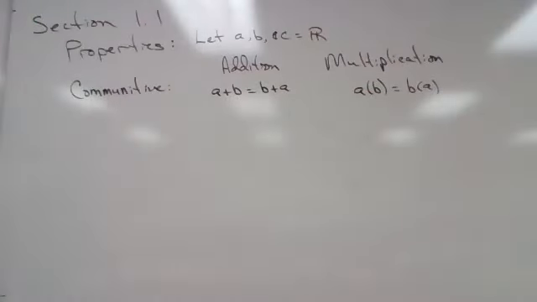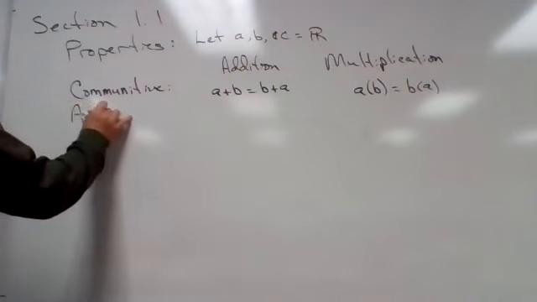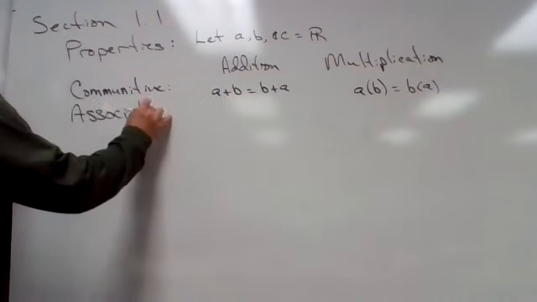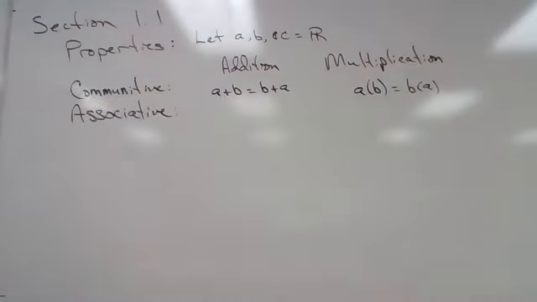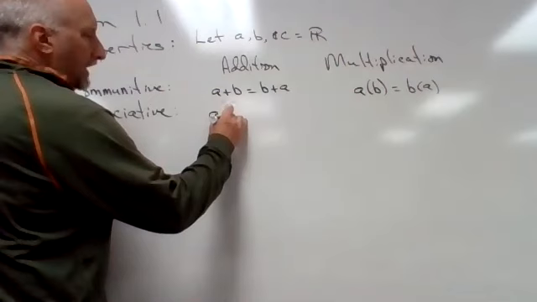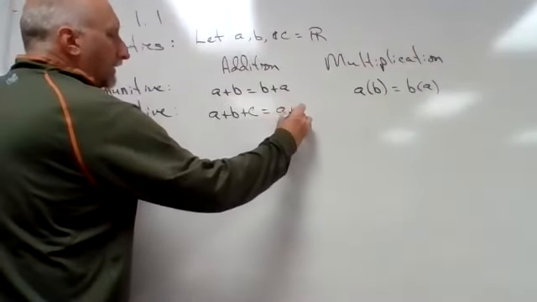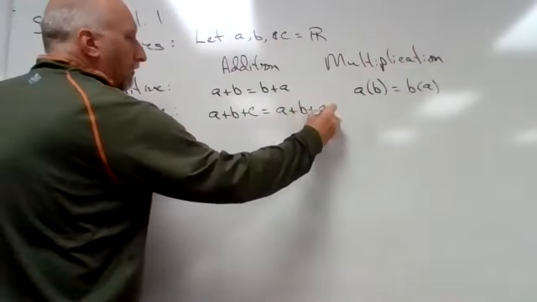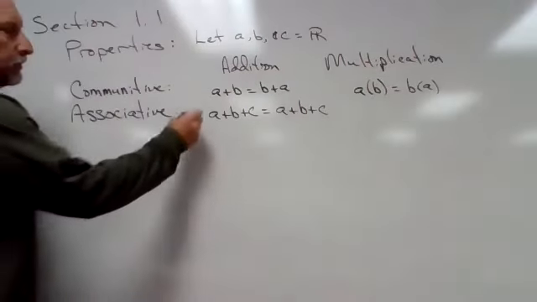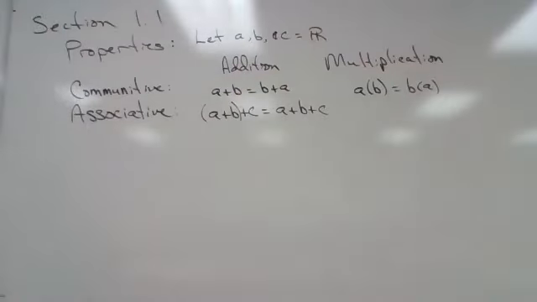Okay. Second property, let's talk about the associative property. The associative property talks about grouping numbers together. So if I have A plus B plus C, and I add them together, but suppose I group A and B together, maybe I add those together first.